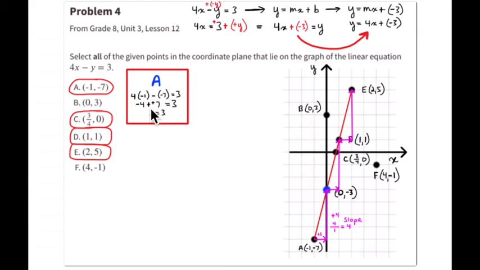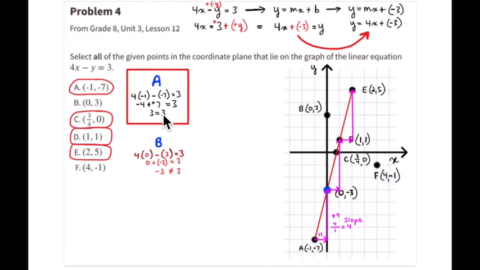So the inverse operation, the additive inverse, is a negative 4 plus a positive 7, and that equals 3. 7 minus 4, you find the difference of the absolute values. 7 minus 4 is 3, and there are more positives, so this ends up being a positive 3. So 3 equals 3. So A is in fact a solution.